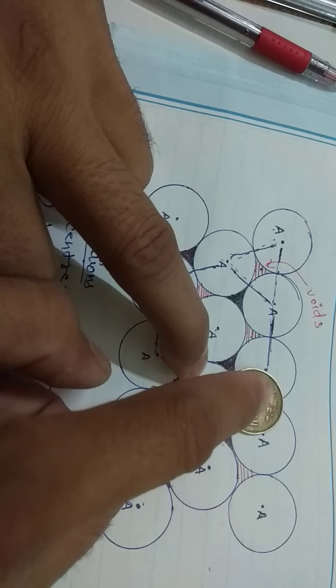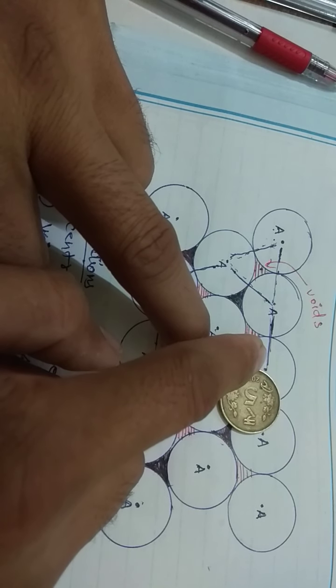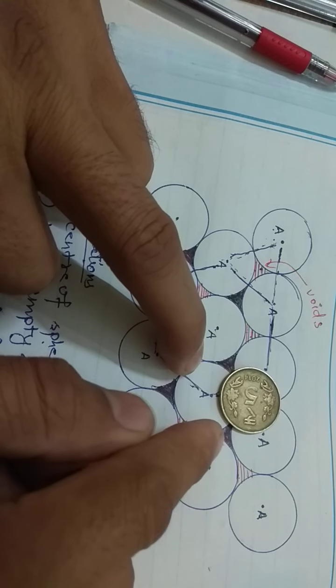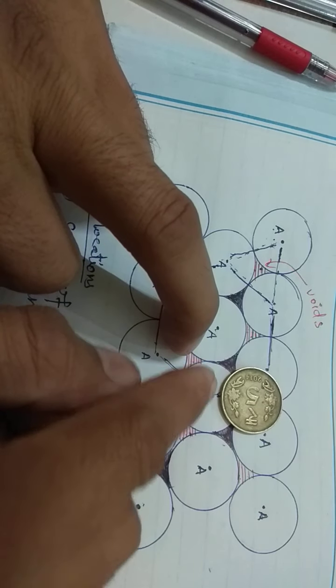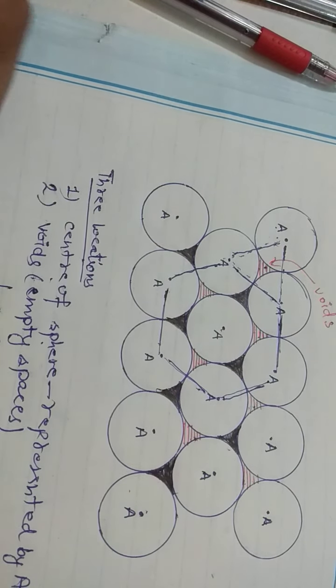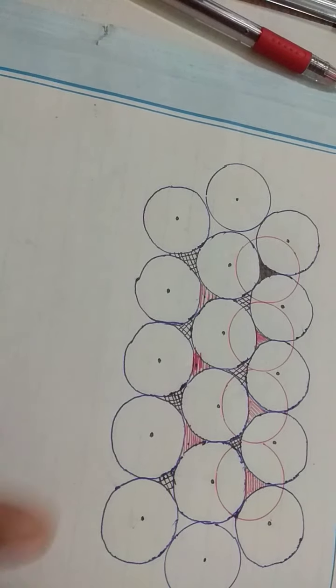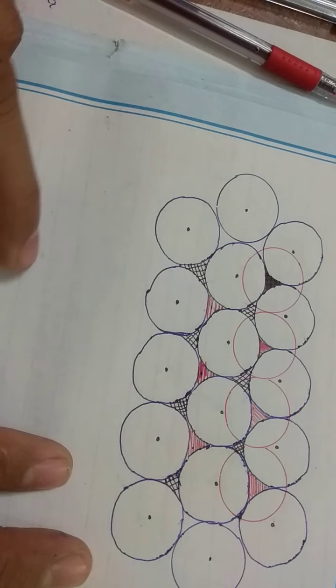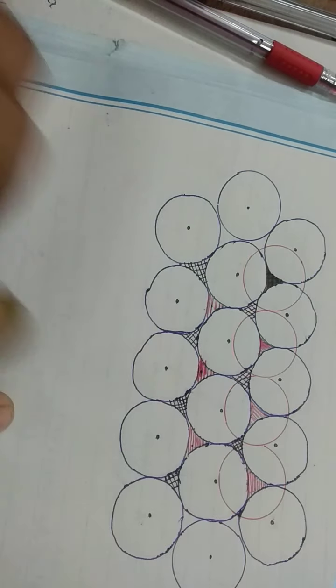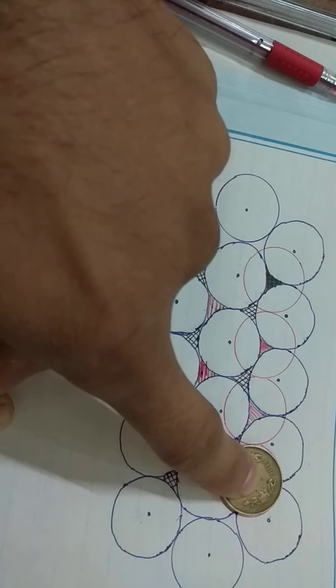Okay, so you see that the center of the sphere, that is A, and the center of black void, that is unoccupied. Okay class, so if you see it in the next picture, it will look like this. You see here I have made a circle here on the red. This is corresponding to position of this coin.